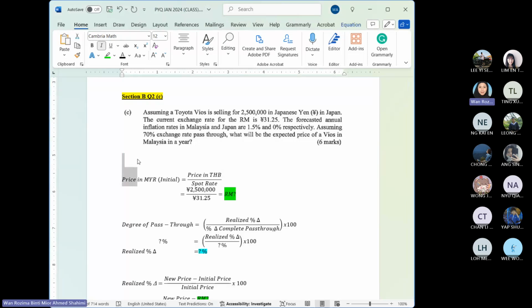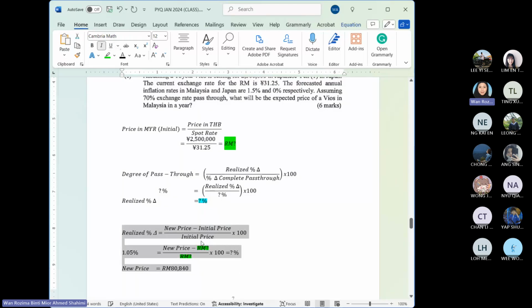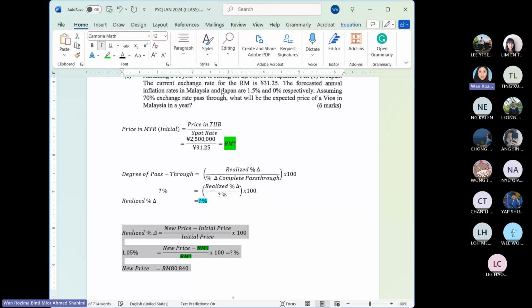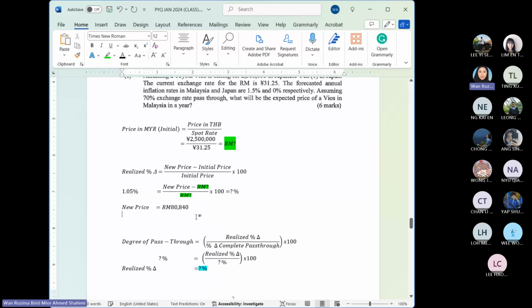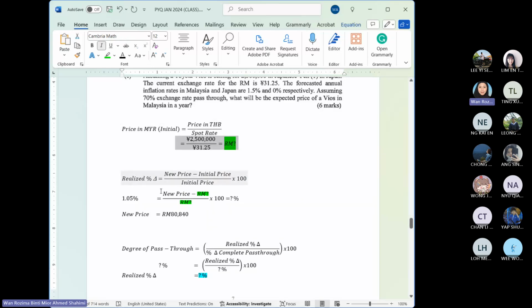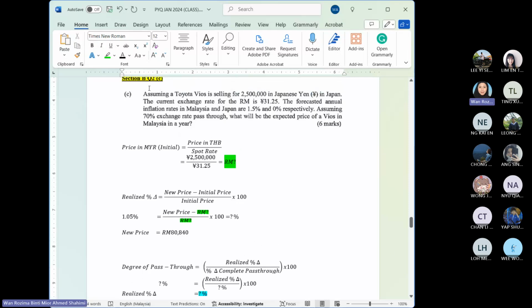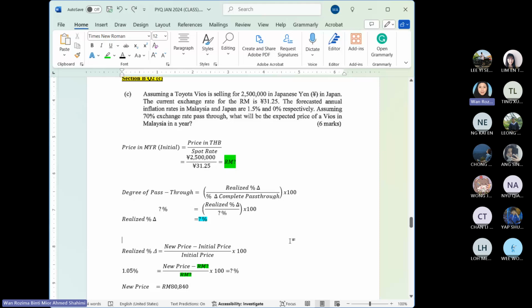Usually step 1 is still the same, but by right this one should be the second step, like step 1, step 2, and step 3, just like you see from your notes. But since the 70% was given, you have to adjust a bit. We need to find the new price.